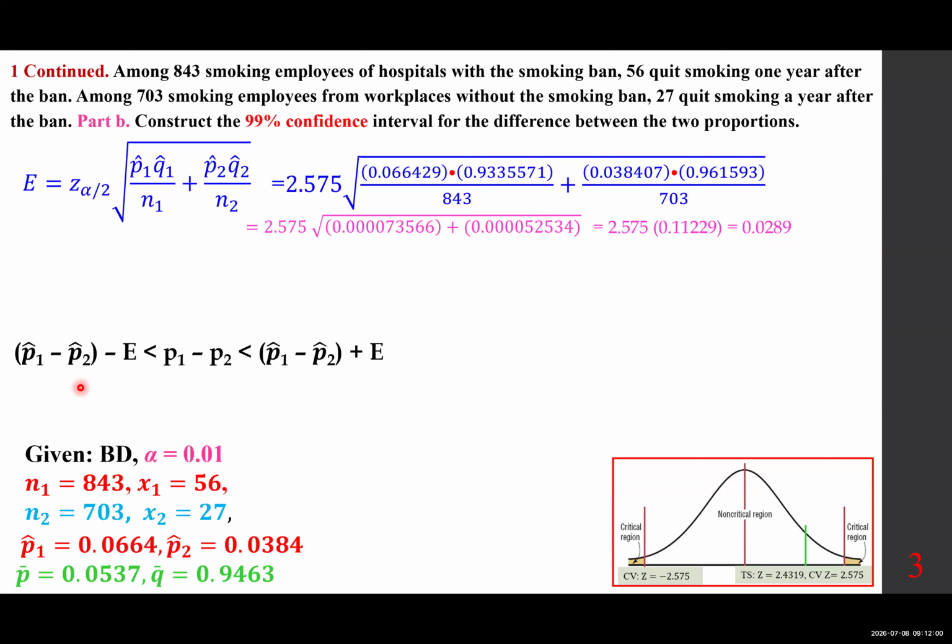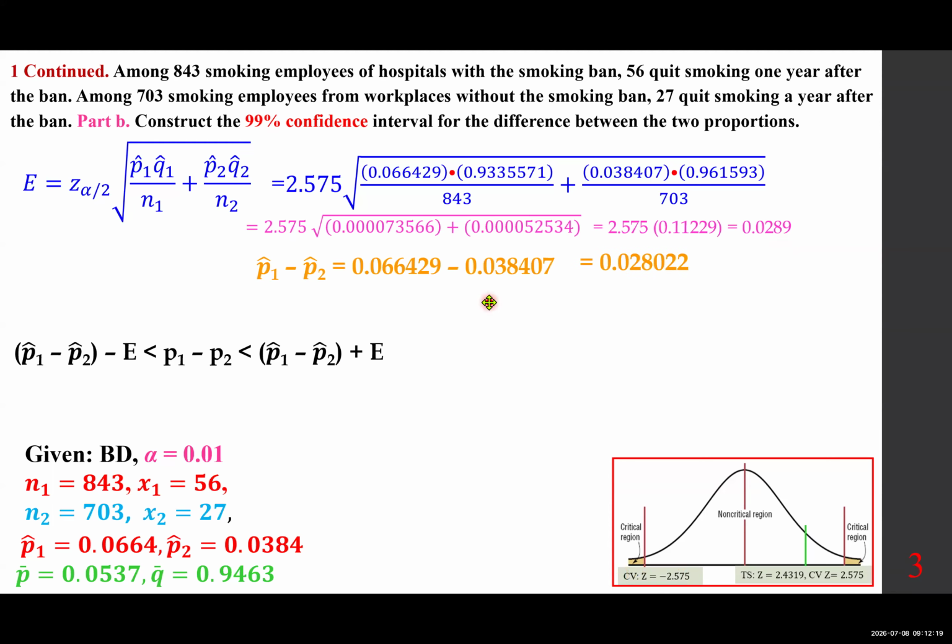So over here, P1 hat minus P2 hat, and we're going to subtract this and we're going to add that. So P1 hat minus P2 hat. And by the way, notice I use more decimals here because I want to get closer to the exact value, because we had that when put into the calculator.